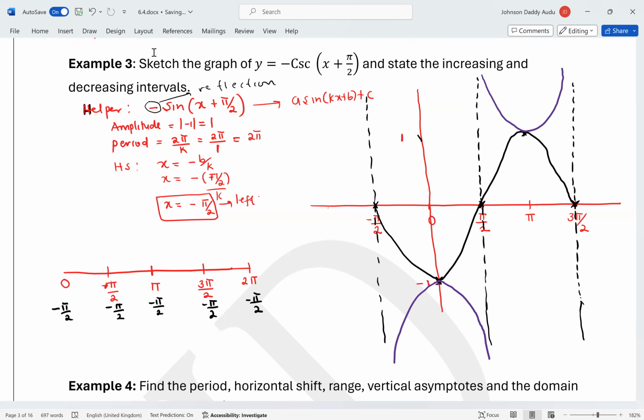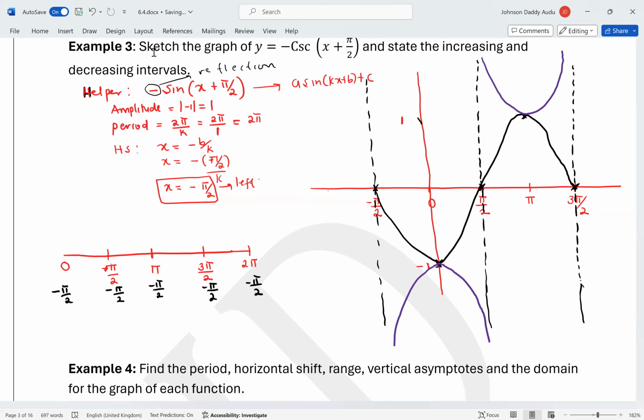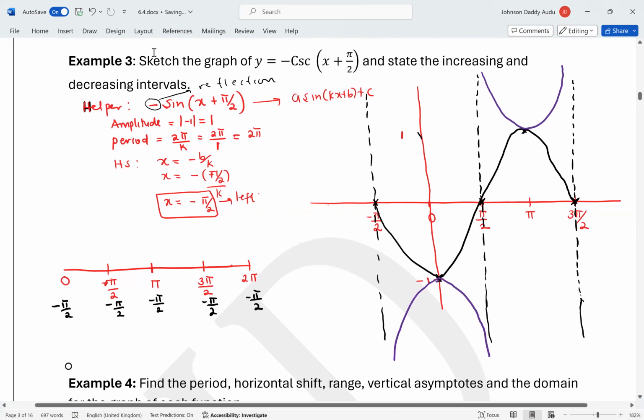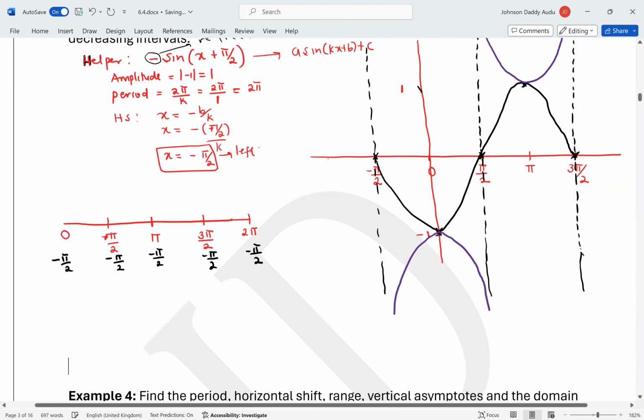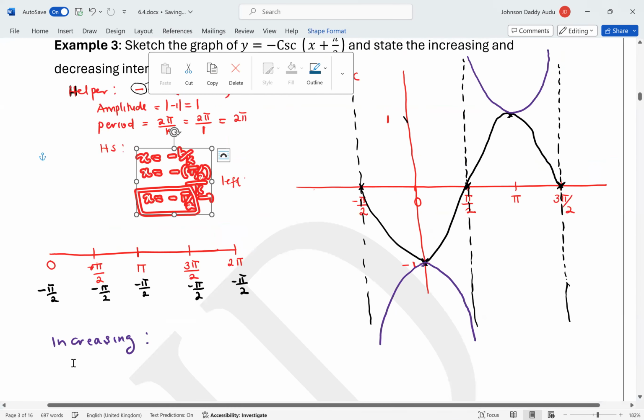All right. So one thing I would like to mention here is the question is asking for where it is increasing and where it is decreasing, right? So let's look at it now. Increasing, remember our focus is on the purple curve. So not the black, right?